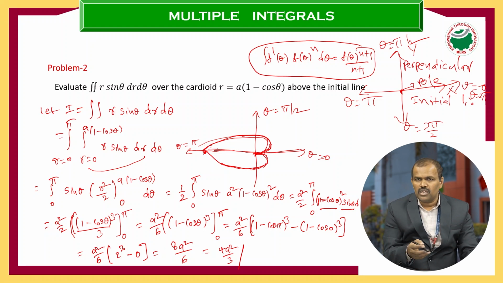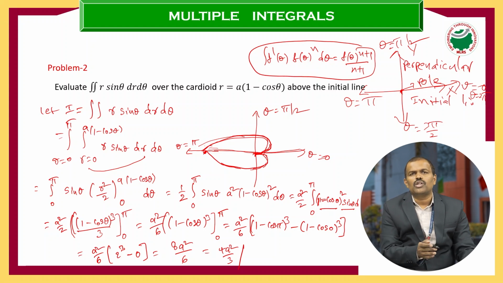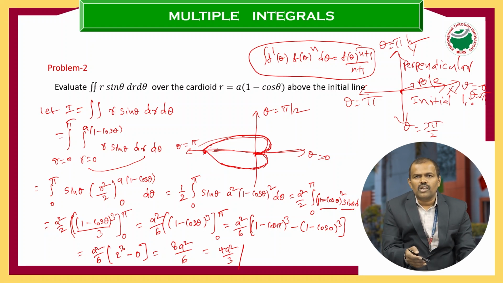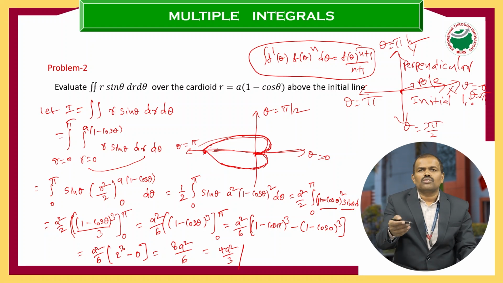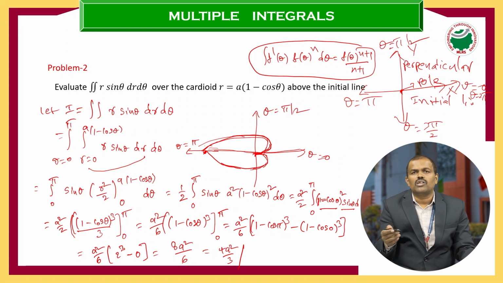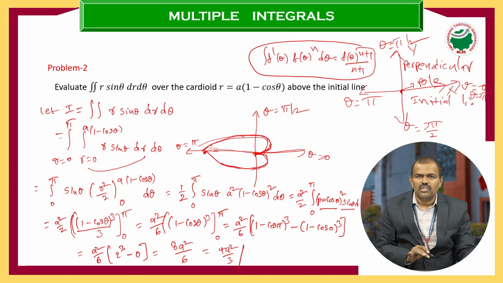That is the basic formula, integral of x power n is x power n plus 1 by n plus 1. That formula applied. The 2 is a constant, so I wrote it outside. In place of r square, I applied upper minus lower limits. Upper limit is a into 1 minus cos theta, so r square becomes a square into 1 minus cos theta whole square. Already sin theta d theta is there.